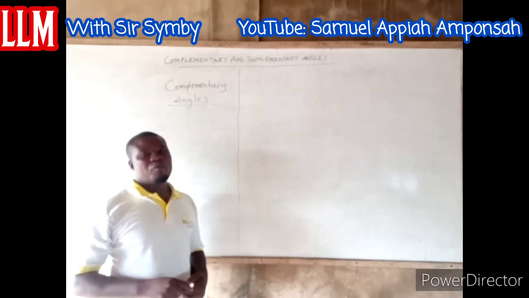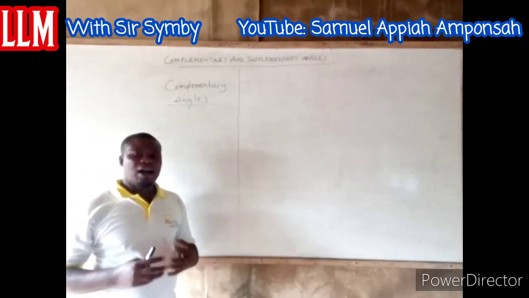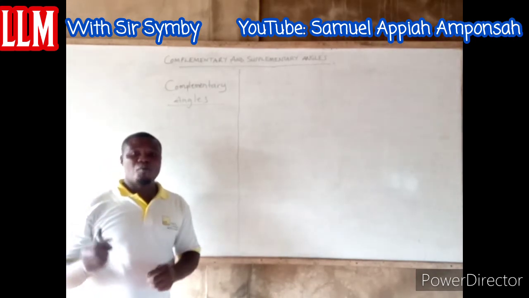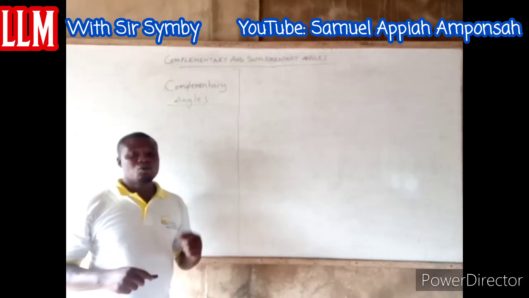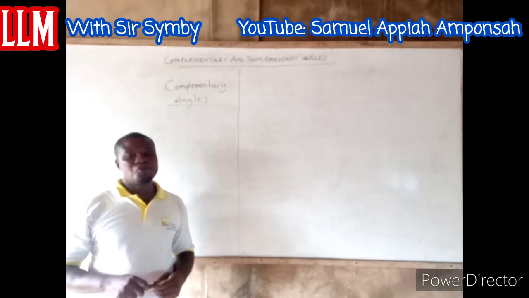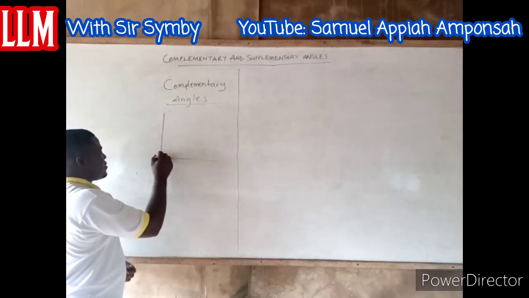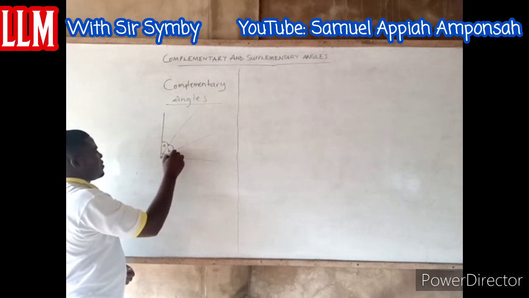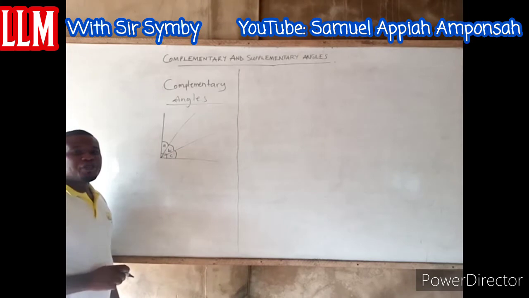What do you understand by complementary angles? When we say complementary angles, they are two or more angles that sum up to 90 degrees. So whenever you have two or more angles and you add them to get 90, then it means those angles are complementary angles. So if you have a 90 degrees angle with so many different angles, then we say that these angles are called complementary angles.